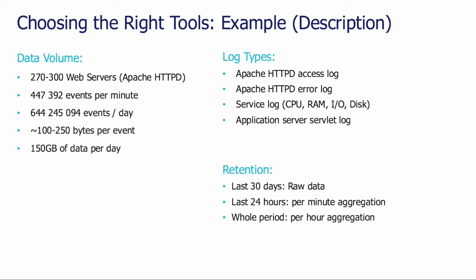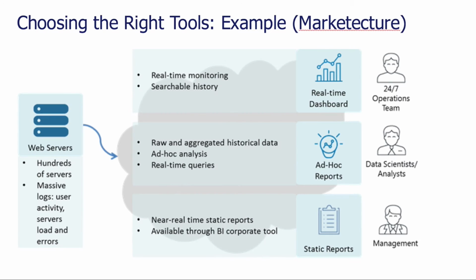One example from a real project we implemented recently: the solution was to build a system which analyzes log files from almost 300 web servers, and this system is used by three categories of people. First is the operations team, which needs to monitor the servers for errors and issues in log files, and send an alert if something happens so they can react accordingly.